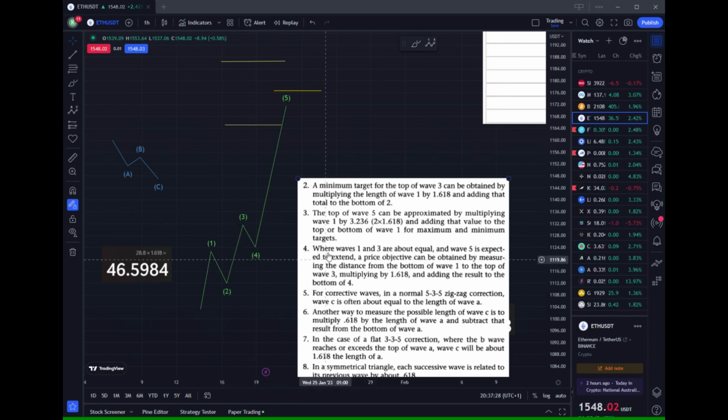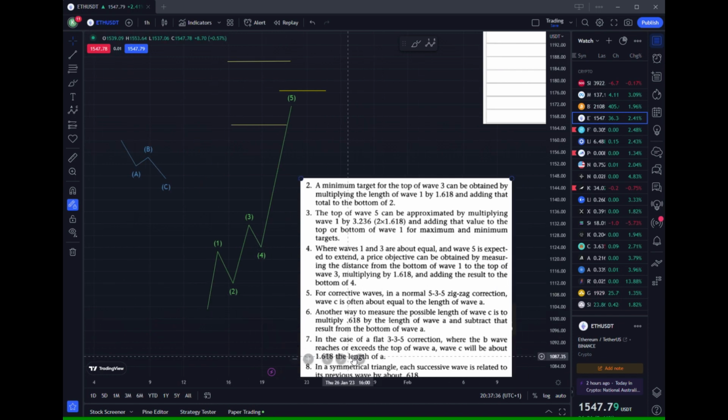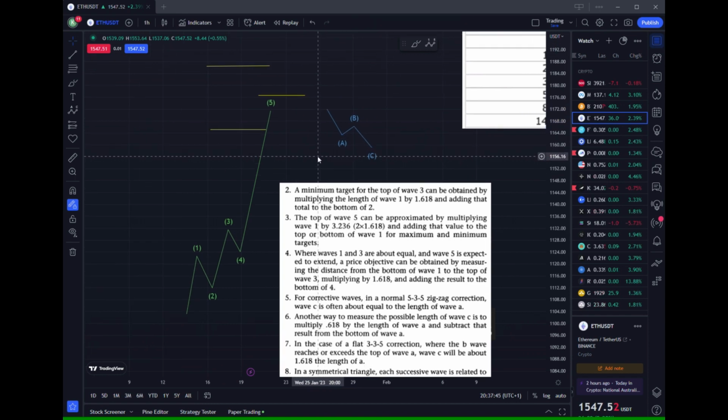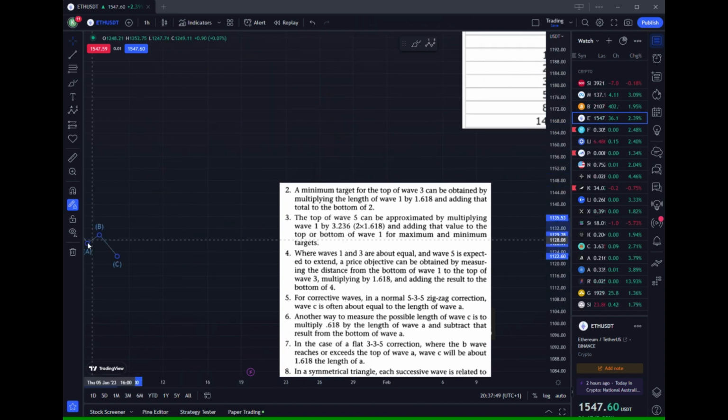So you can know about the range, but this is just a speculation. You don't know if it's really going to happen. So fifth rule, for corrective waves in a normal 5-3-5 zigzag correction, wave C is often about equal to the length of wave A. So now we're going to look at this little fella right here.